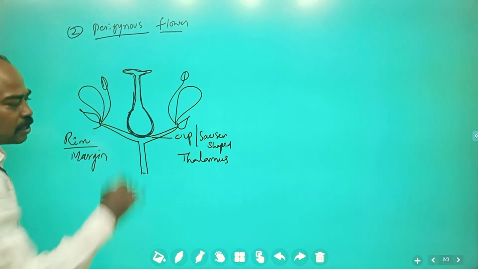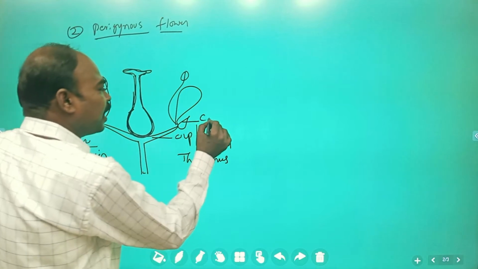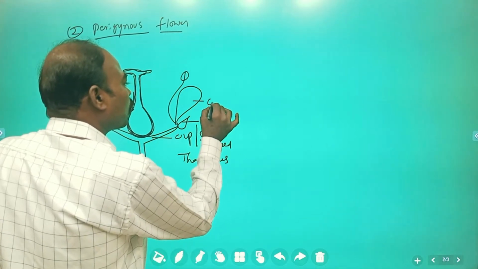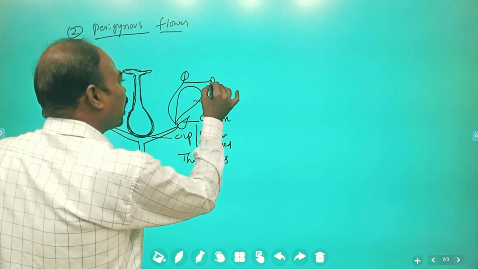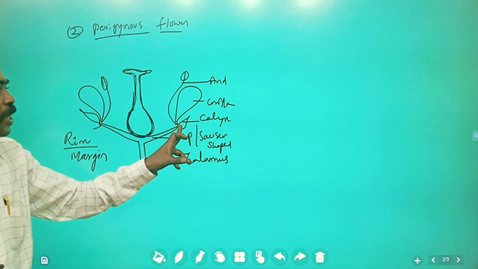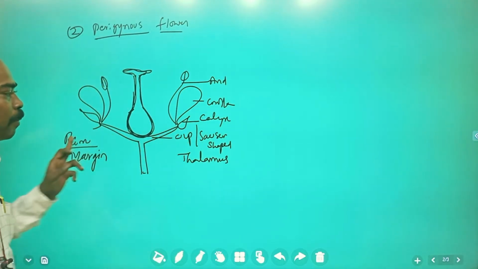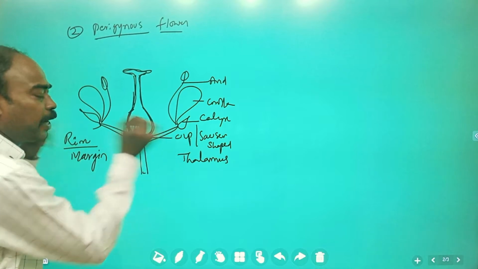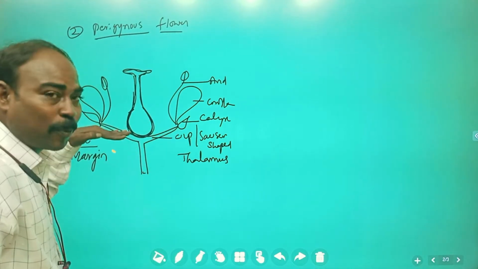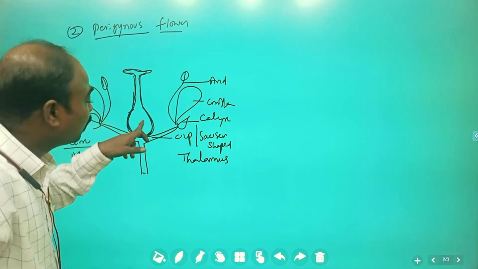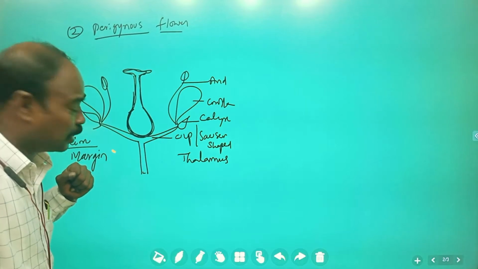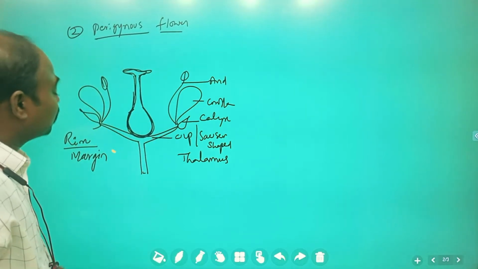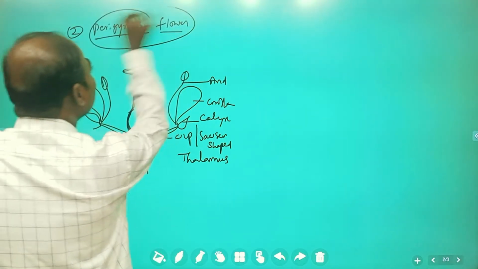So at the center of the cup-shaped thalamus, the gynoecium occupies the middle position. The remaining floral whorls such as calyx, corolla, androecium are developed on the margins or rim, at almost equal positions or the same level. Such flowers are said to be perigynous flowers.